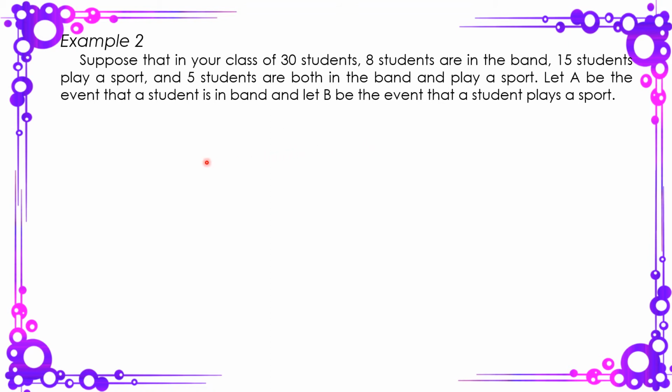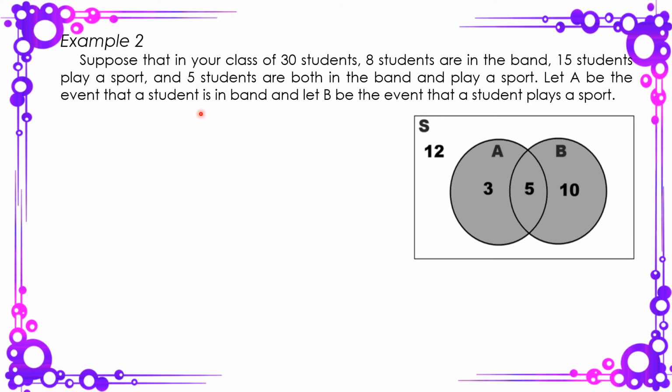So first, analyze and then create a Venn diagram. In here, we have 2 circles to indicate 2 events. For A, this is for students in band, and B, students who play a sport. So the first thing that you have to do is to write the number here in the overlapping circle to indicate the intersection.